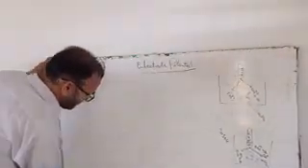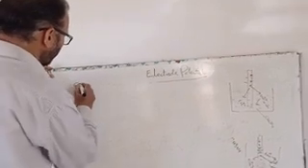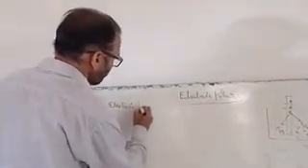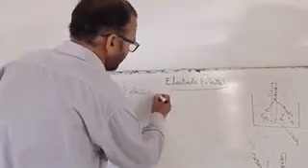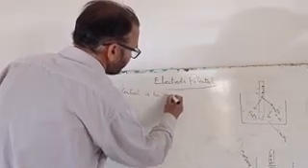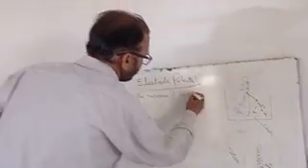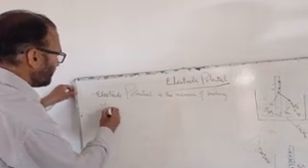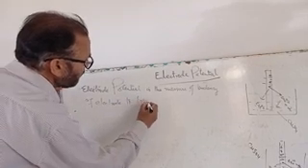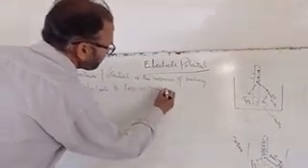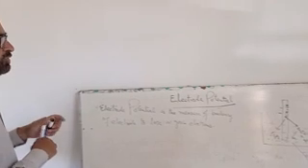So we can say that electrode potential is the measure of tendency of an electrode to lose or gain electrons.